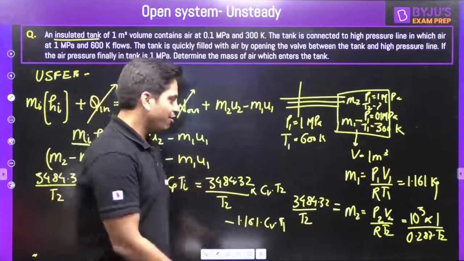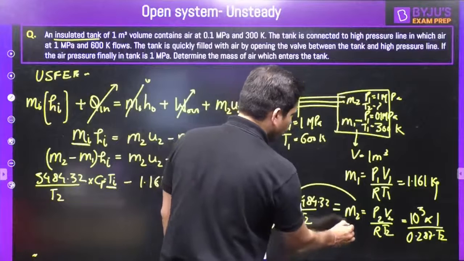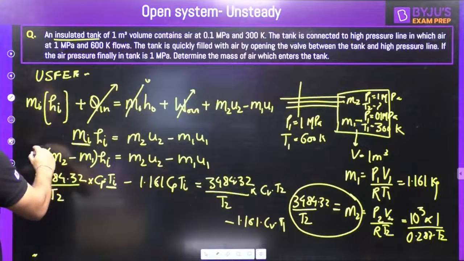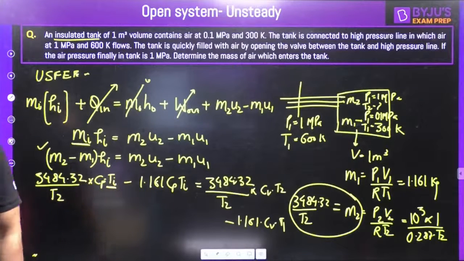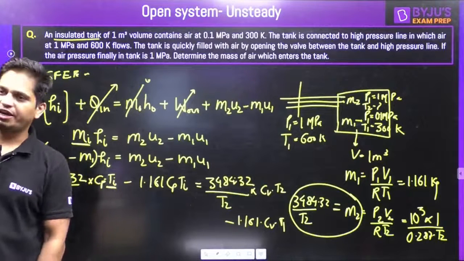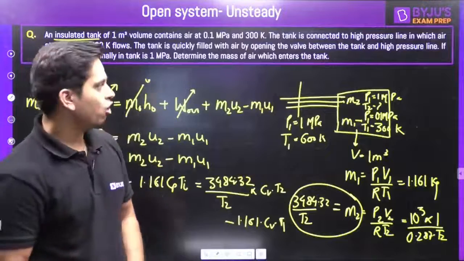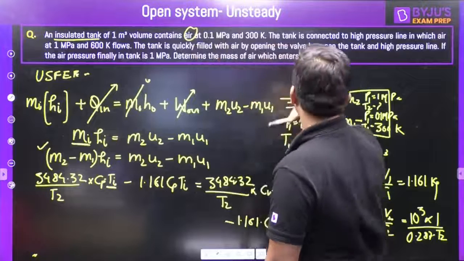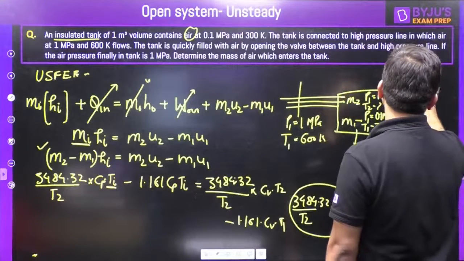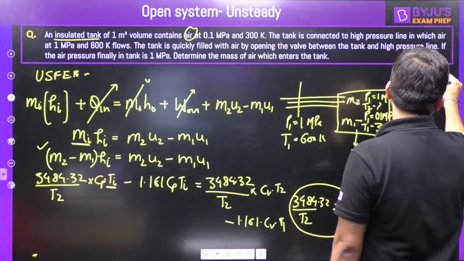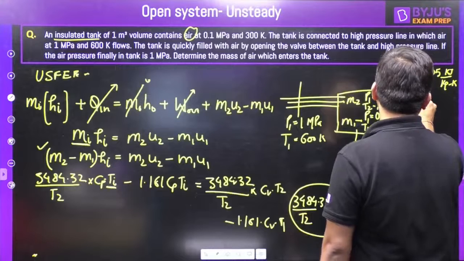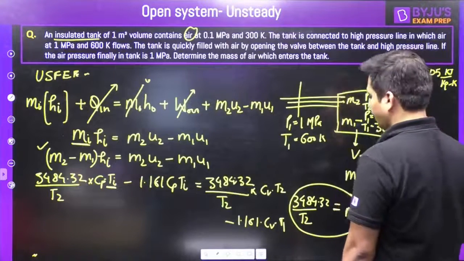Look, either I have a relationship between M2 and T2. Now in this equation, I have two unknowns, M2 as well as T2. But I know the relationship. CV is 0.718. Look, for air you should know. For air, Cp is equal to 1.005 kilojoule per kg Kelvin.